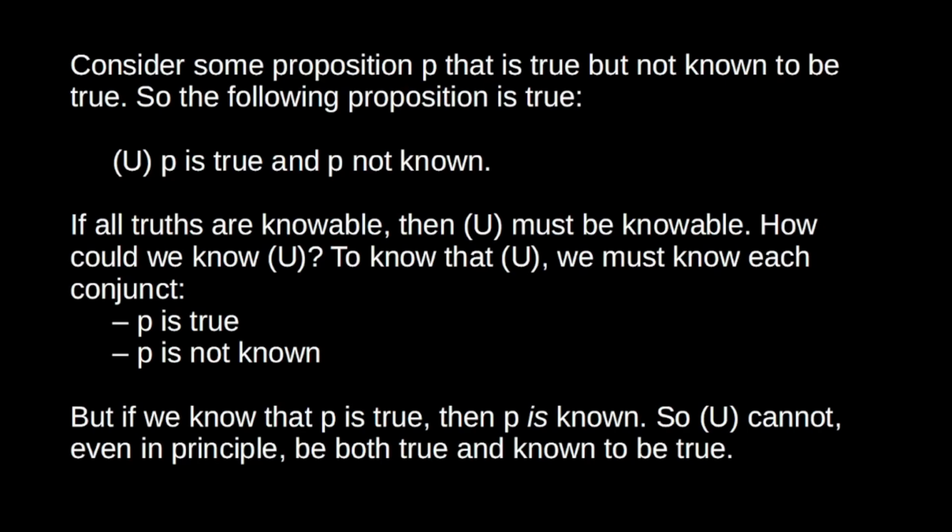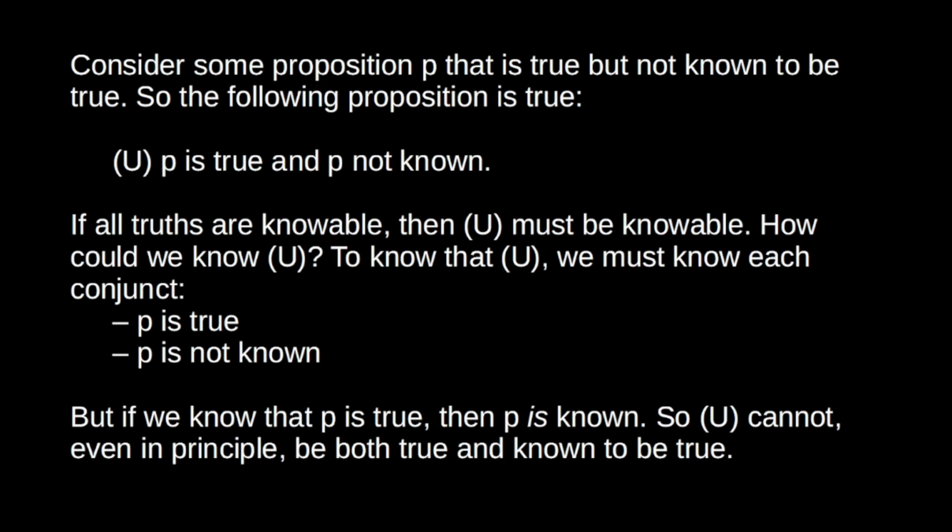So let's consider some proposition P, where P is true, but it's not known to be true. So P is an unknown truth. The standard assumption is that there are going to be lots of truths that are unknown, so we're just going to imagine one of those currently unknown truths.